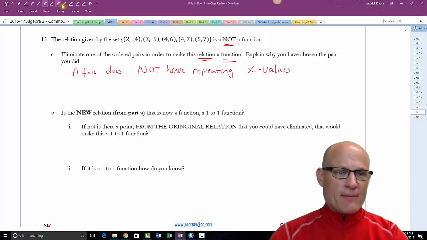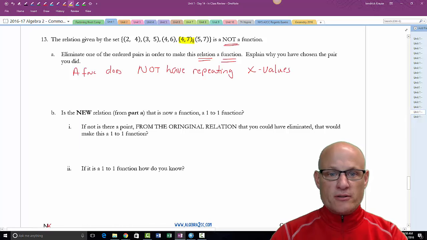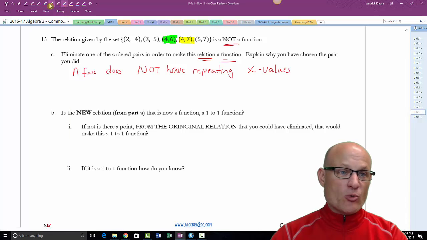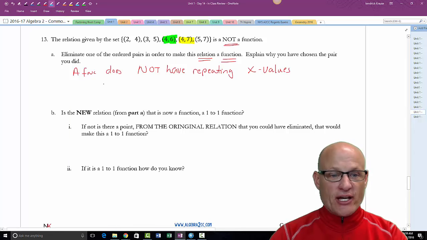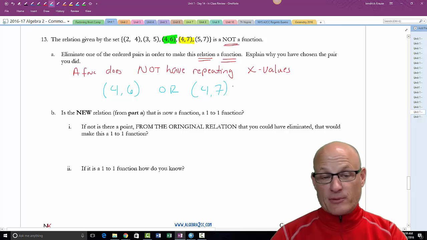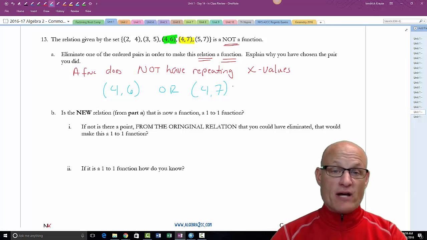So our two problem childs are this one and this one. They both have 4s. So you can eliminate either one. So for this answer, I could say eliminate (4, 6), or you can eliminate (4, 7). Either one is acceptable for choice A. Eliminate one of those two, and you now have a function.